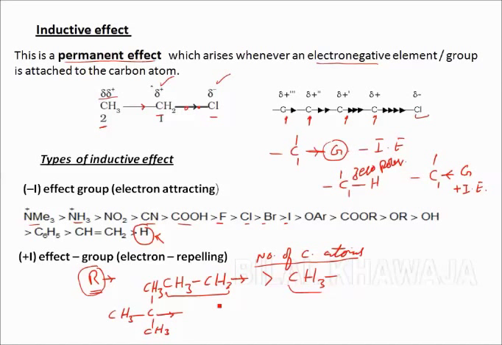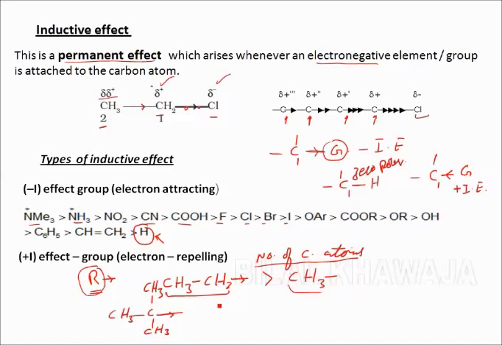So this was inductive effect. It's a polarity, a dipole moment produced in a molecule due to the displacement of sigma electrons. So inductive effect operates through the sigma electrons, and the molecule becomes polar due to their displacement. It's also a permanent effect.